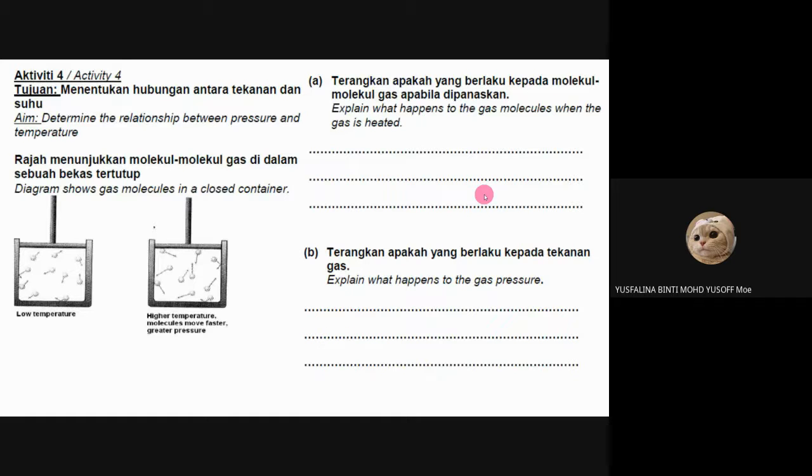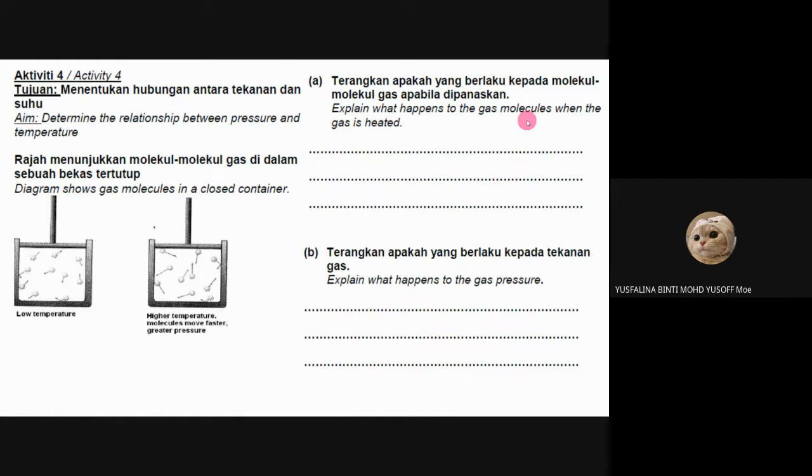So it says here the diagram shows gas molecules in a closed container. So this is the low temperature. When the temperature is higher, the molecules will move faster, so it will produce a greater pressure. It asks you to explain what happened to the gas molecules when the gas is heated.